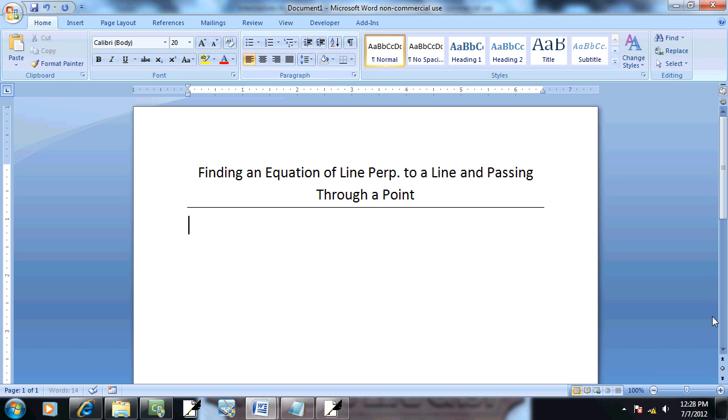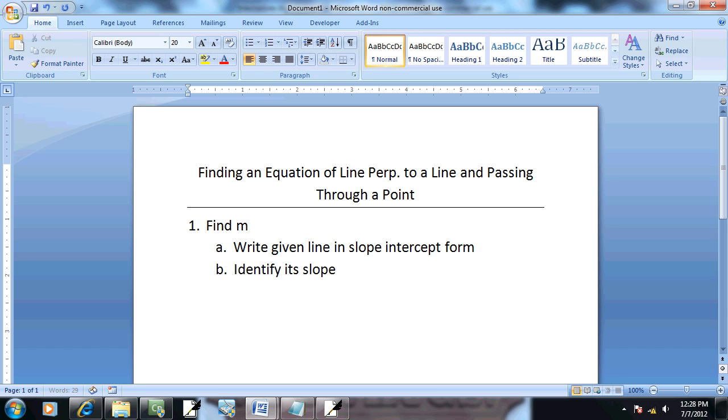Okay, step 1. Find m. Within that, we're going to write the given line in slope-intercept form. Identify its slope, and this is the number before the x. And then C: perpendicular lines have slopes that are negative reciprocals.